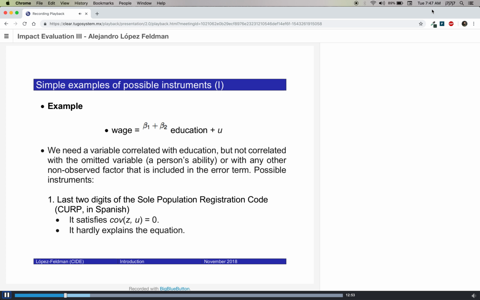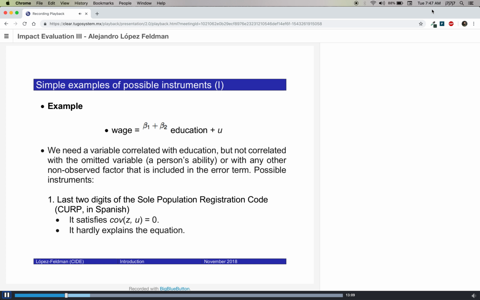It meets or fulfills the first condition, if this is related to ability, or if this is included in this regression regarding wage. If we analyze this, it is random.